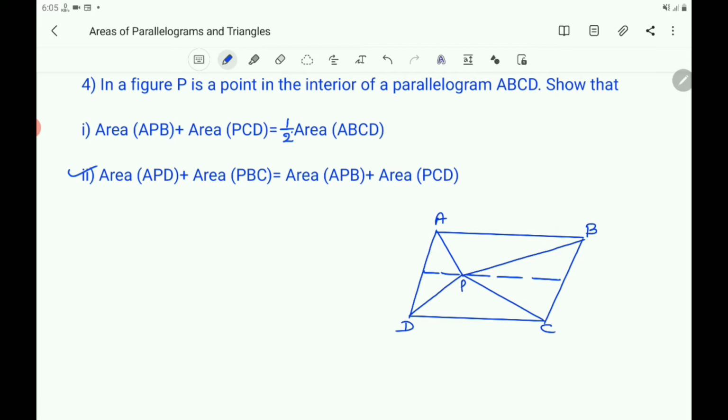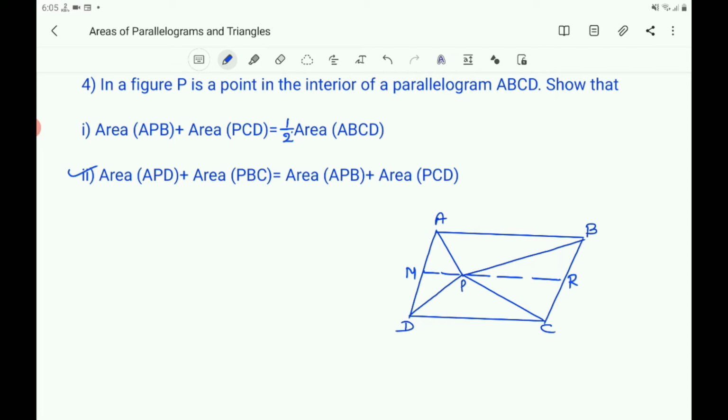So, this is a line parallel to AB and also parallel to CD, because you know that if you draw the line parallel to AB, it also becomes the line parallel to DC. Let us name it MR. You can give any name.